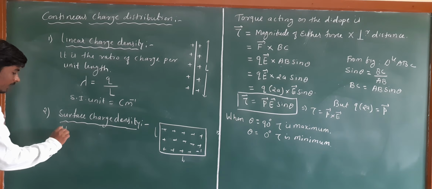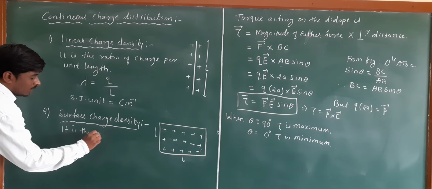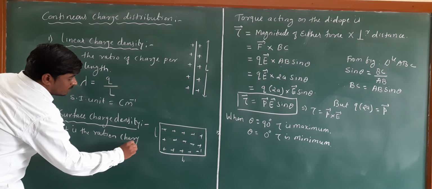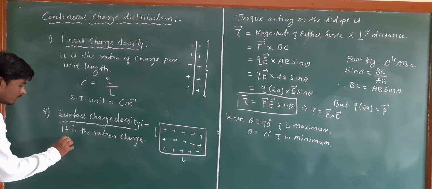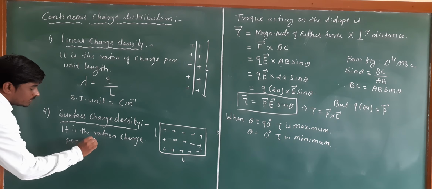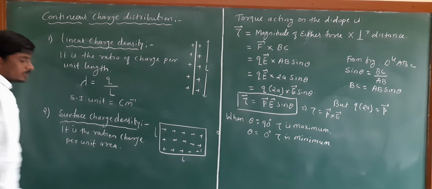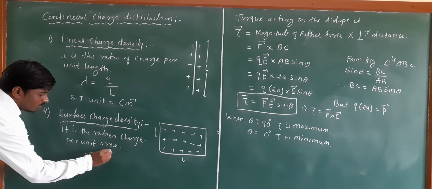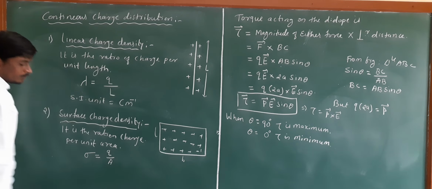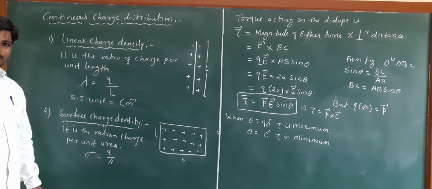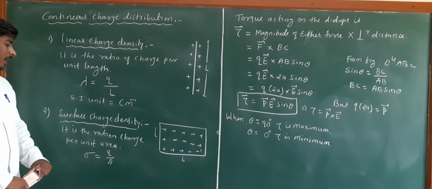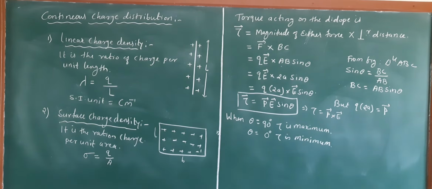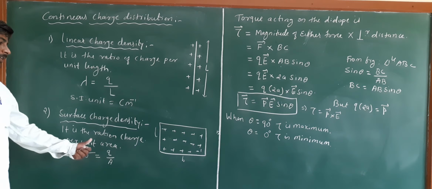So it is the ratio of charge per unit area, and its symbol sigma is equal to Q divided by A. If the charges are distributed along the length and breadth, we call it the surface charge density.